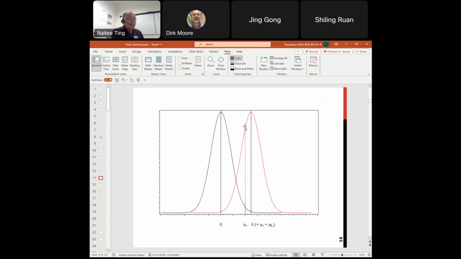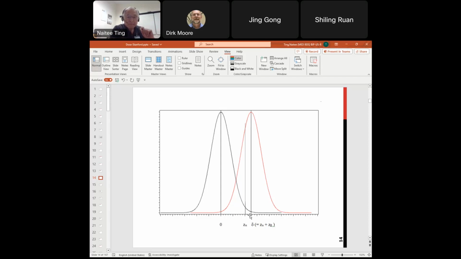Under alternative, from here to the left is beta. And from here to the right under the alternative hypothesis is power. That's 1 minus beta. So that's how we understand this basic construct. Now, I have this Z alpha and Z beta. For Z alpha plus Z beta, you get this delta here, right?